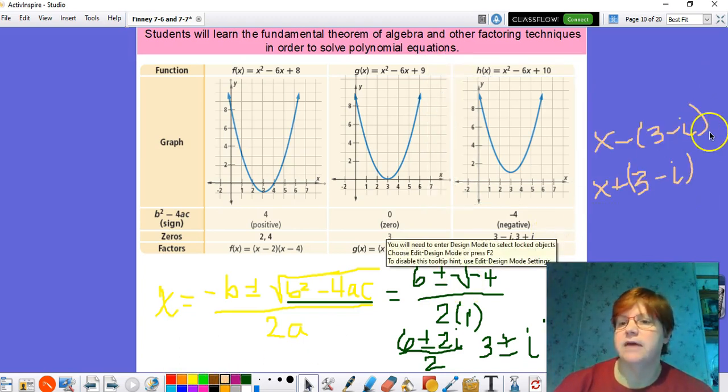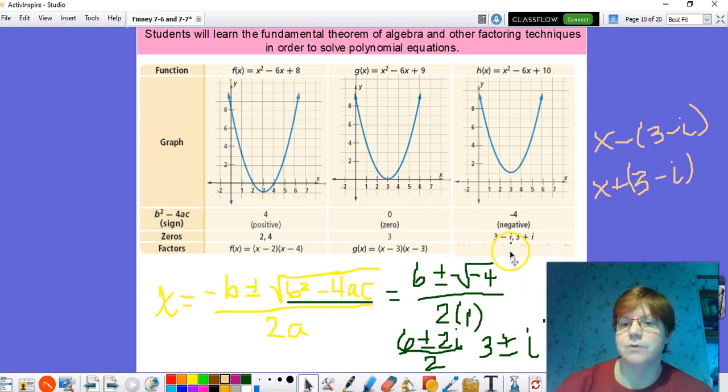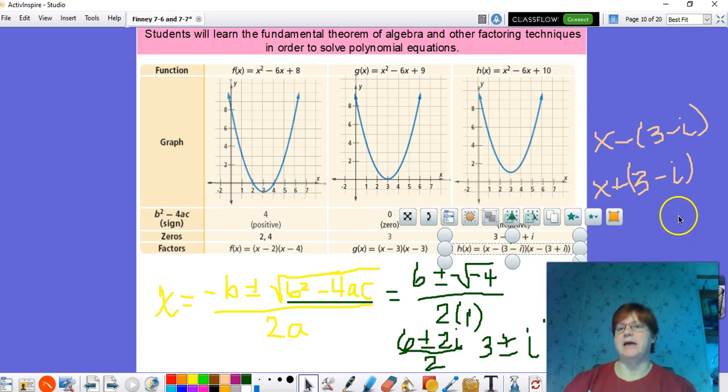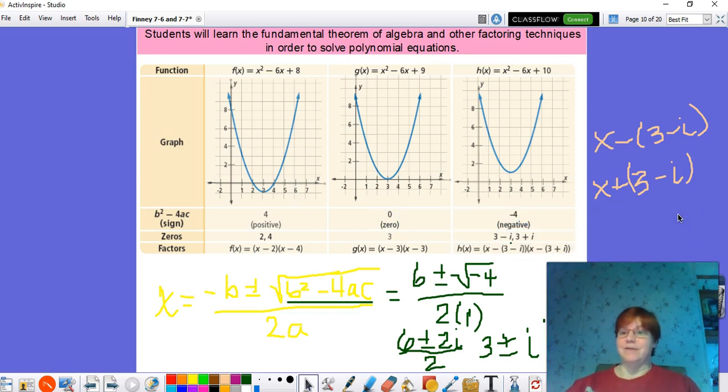Okay, so that tells you how we got those solutions, and that tells you what our factors will be. But I believe on here that what they did for our factors is they left them like that. Now, if we're going to multiply these together, then of course we would distribute that negative through. I'm sorry, I did that wrong. This should just be minus. Both times it's minus.